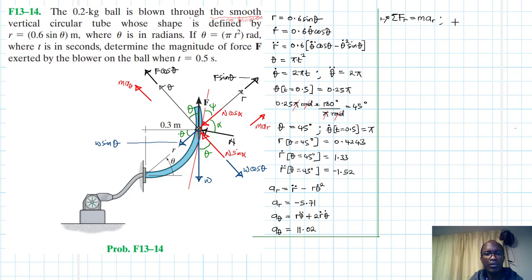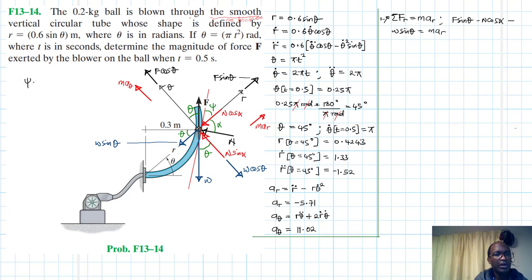We do have F sine phi minus N cos alpha and minus W sine theta equal to m a r.